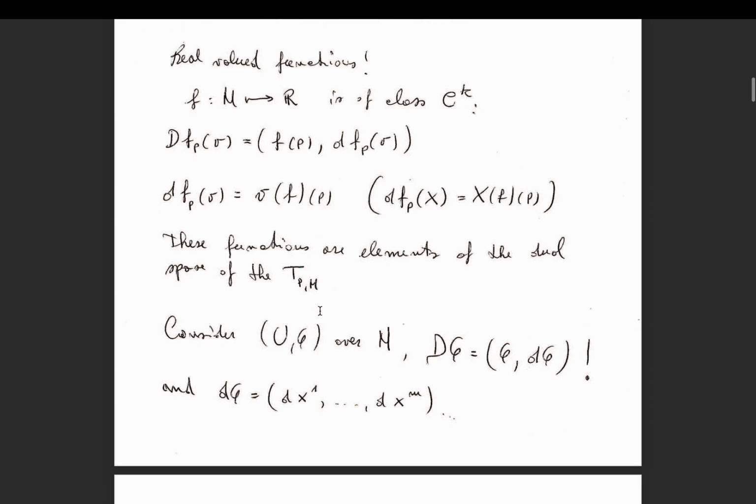They are useful because when we consider other kinds of maps which are homomorphisms, in particular, if we consider, for example, a chart over M, so a couple (U, φ) where U is an open set, then we can build the big differential of φ, and this is actually equal to the couple (φ, small differential of φ).